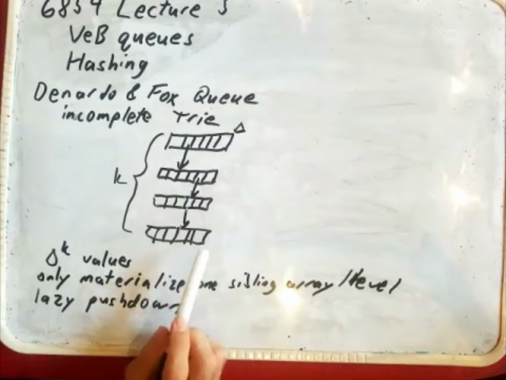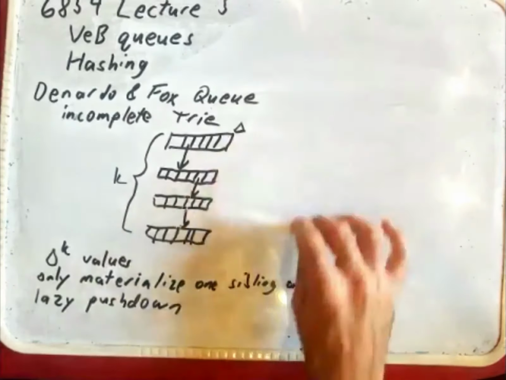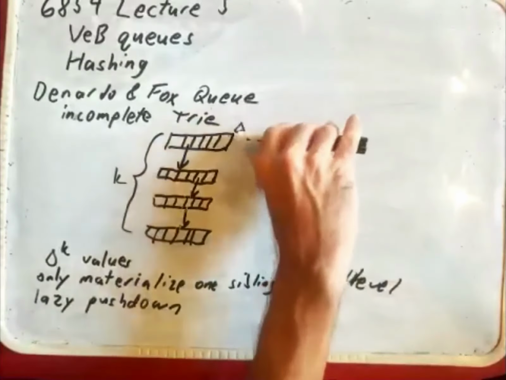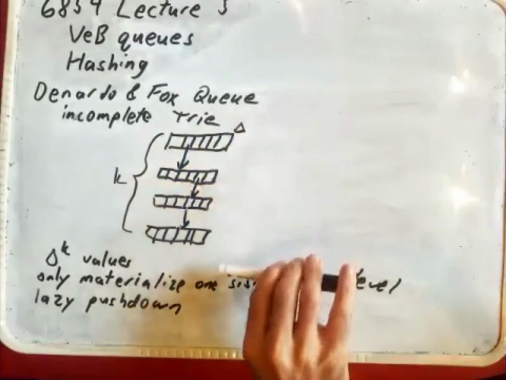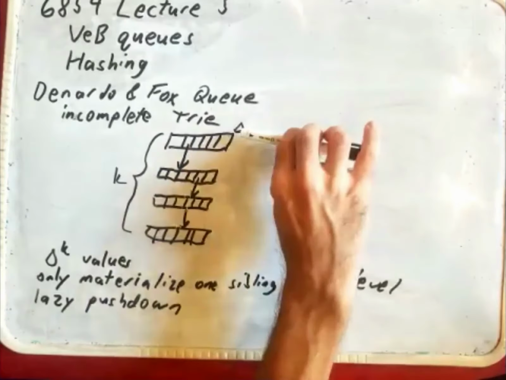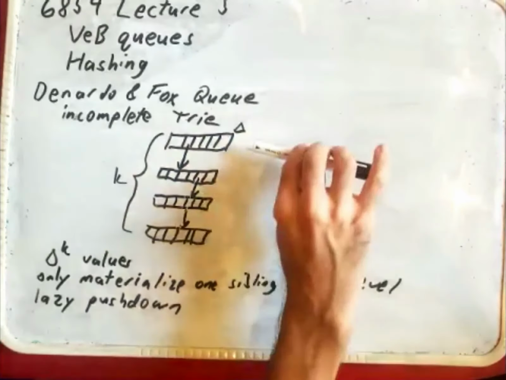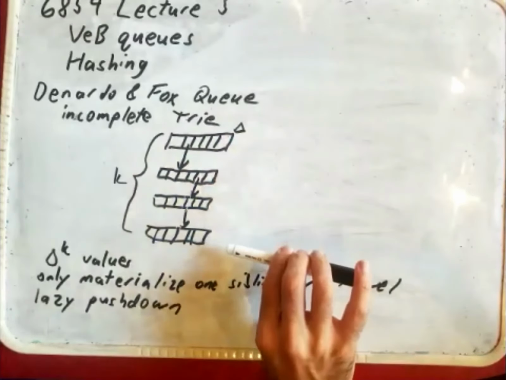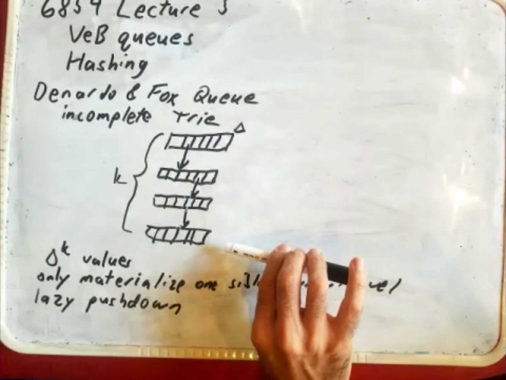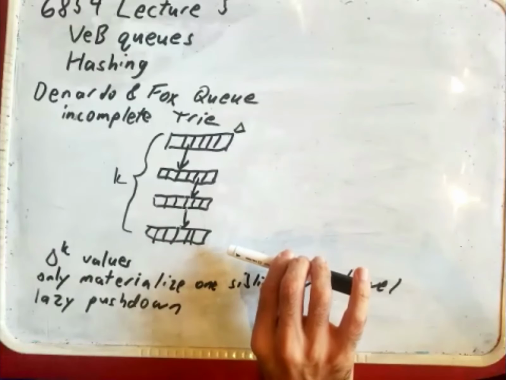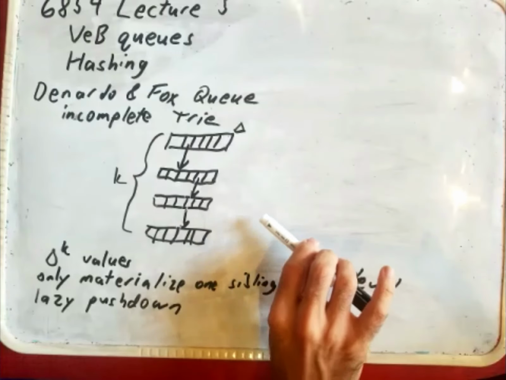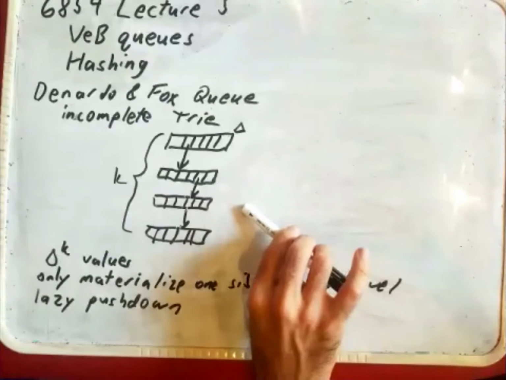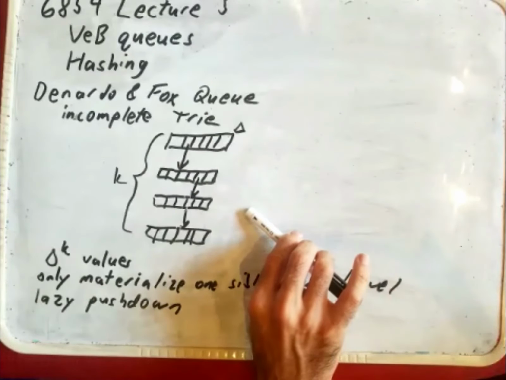And what we argued last time was that the amortized cost, after you insert an item, is that it just gets pushed farther and farther down the data structure. So the total amount of work you're going to be spending on that item is only the k work that you spend moving it down from level to level. We argued that this doesn't even change if you allow decrease key, because a decrease key simply involves moving an item to a smaller entry.